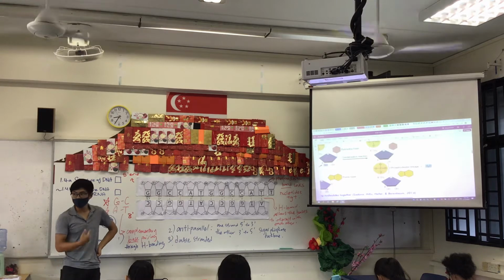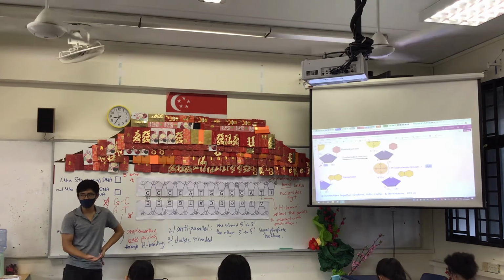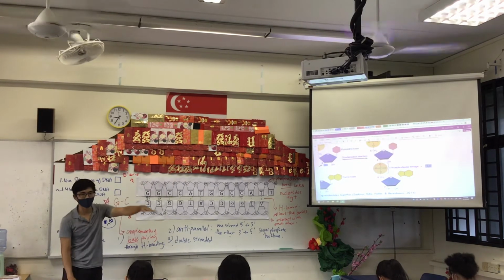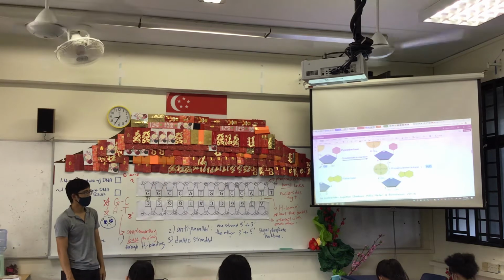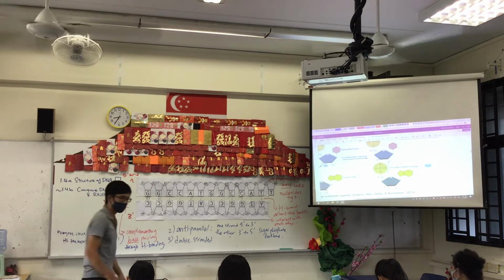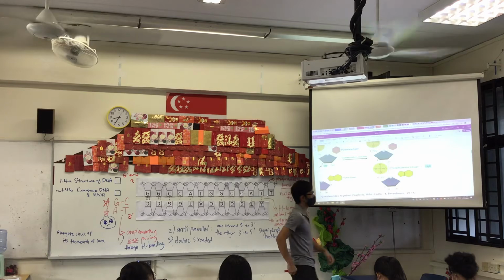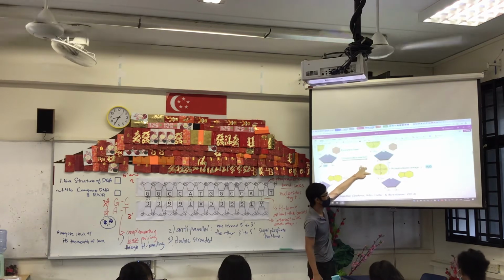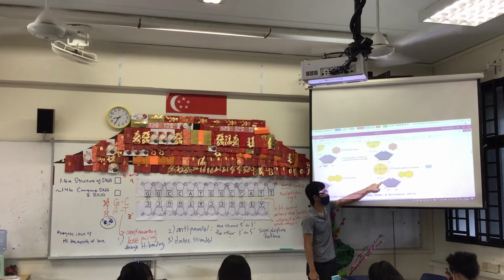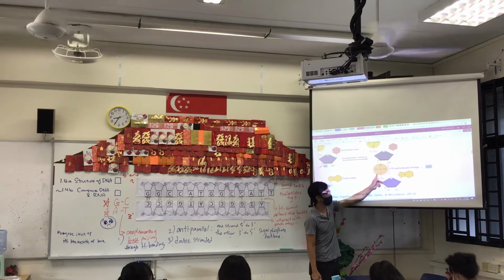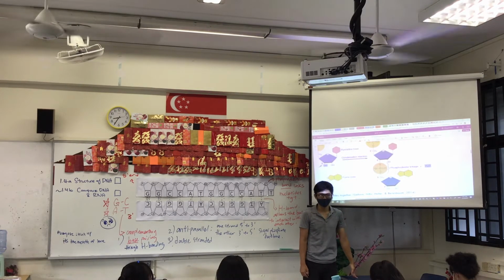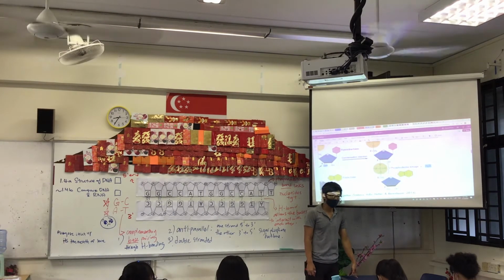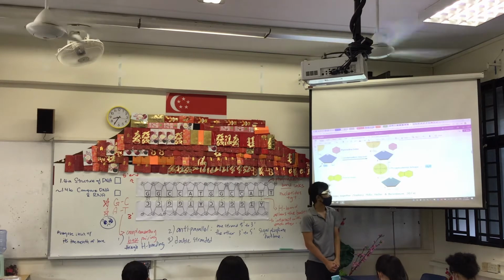If I were to ask you to circle a phosphodiester bond, you want to circle the entire phosphate group. I say again, you would circle the entire group over here. The P with the 4 O's, that's a phosphodiester bond. Okay?